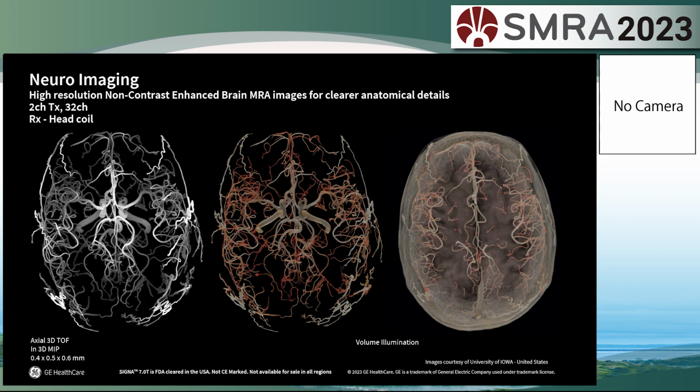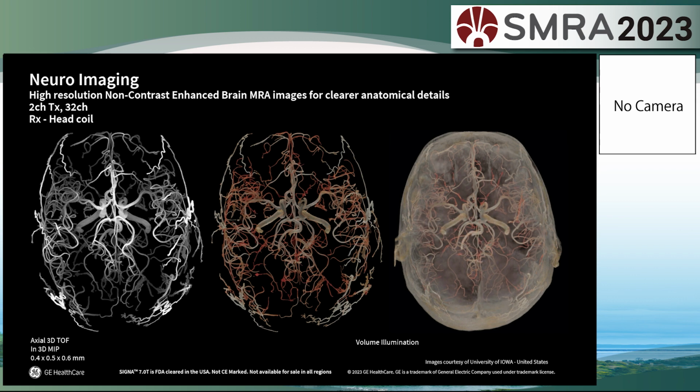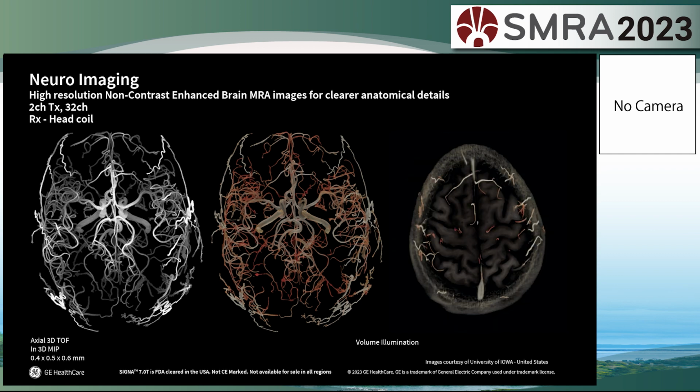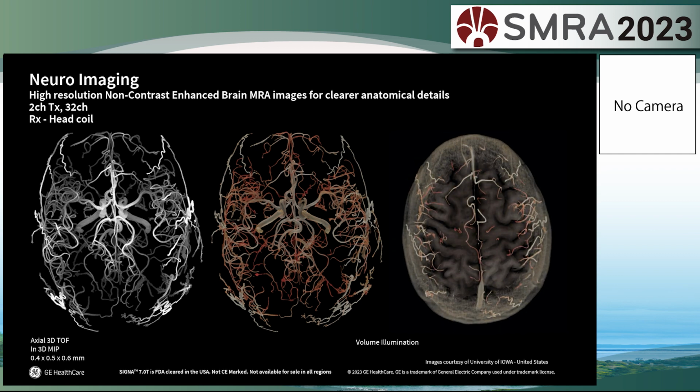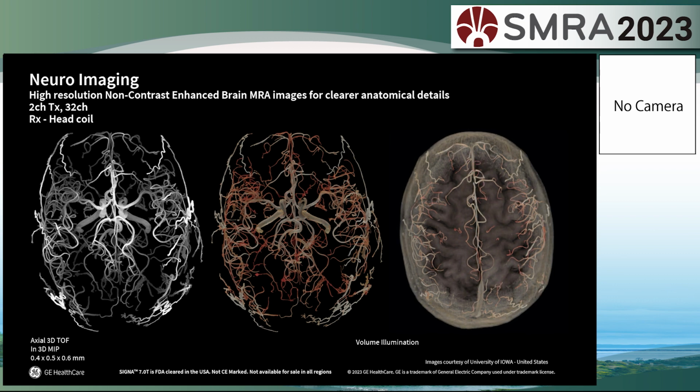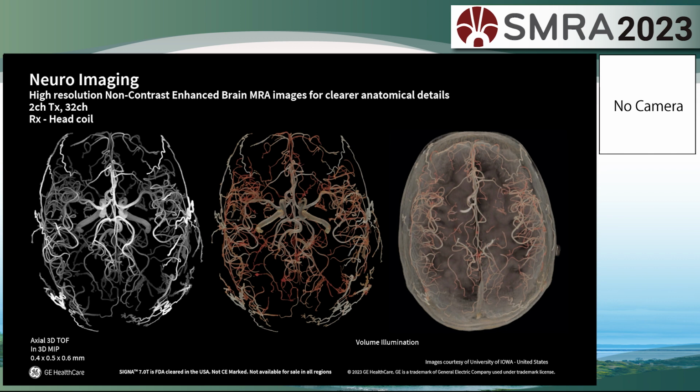So basically the T1 relaxation time is longer at 7T compared to the 3T or the 1.5T system, which means that we can obtain the better background suppression and also the good inflow effect on the 7T, which is more beneficial compared to the 3T or 1.5T system. So that's why we can obtain the good TOF MRA images on the 7T system.